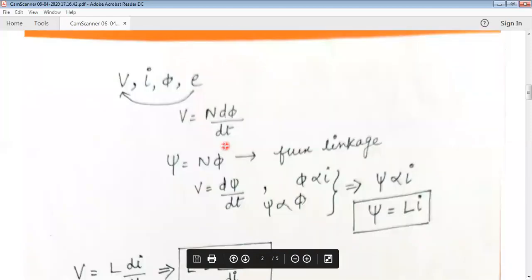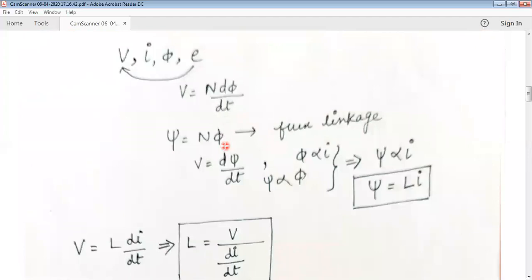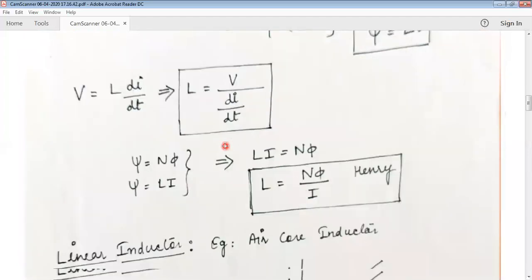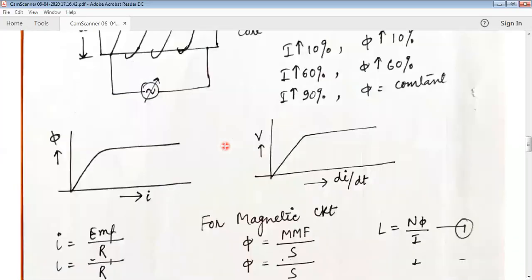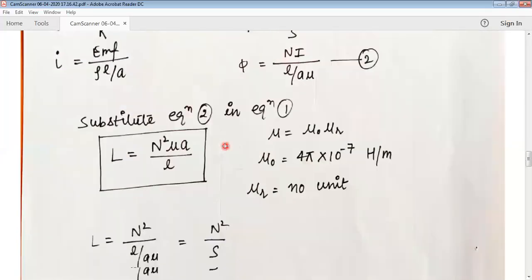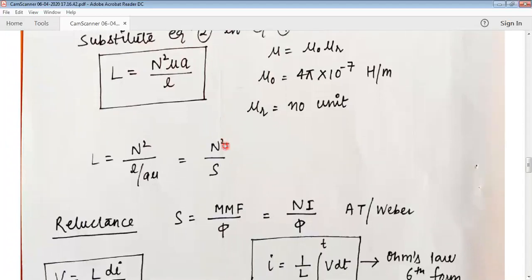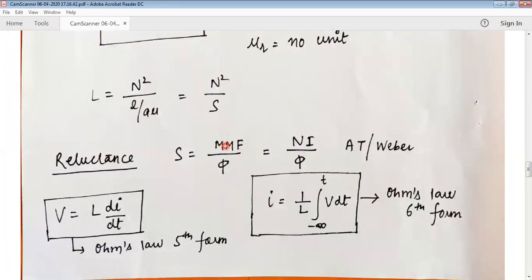Now let's see your reluctance. What is the reluctance formula and what is the reluctance unit? From here, reluctance is MMF divided by flux.